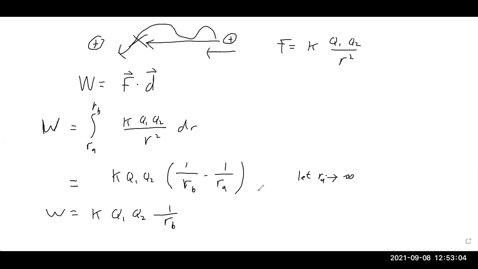This is the work that we needed to do to get here. So k Q1 Q2 over r is our potential energy.